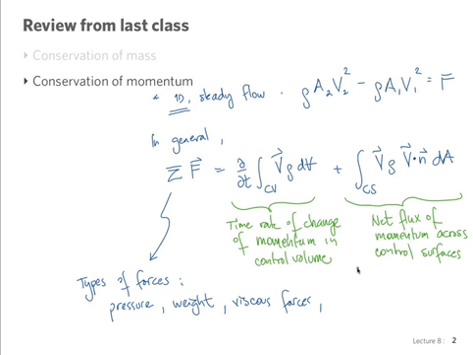So it could be an immersed body, for example, if we have something flying, or it could be something surrounding the object, like the pipe system itself. So any interactions with objects can, of course, generate forces. Those are the types of forces.